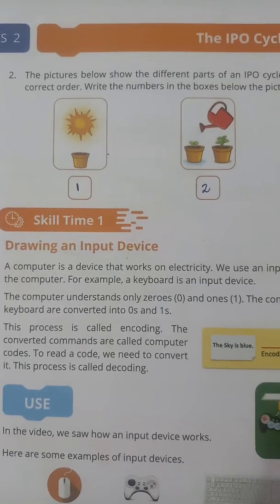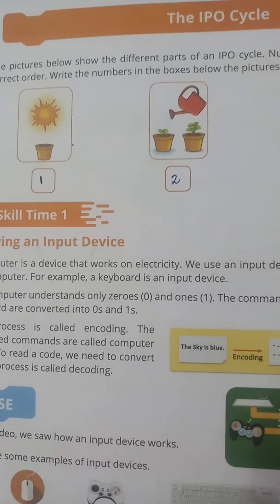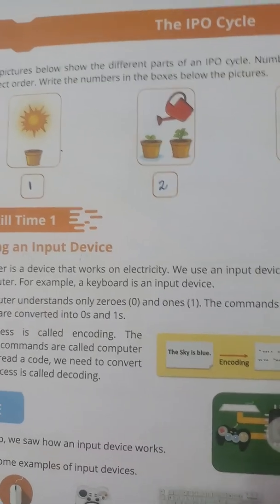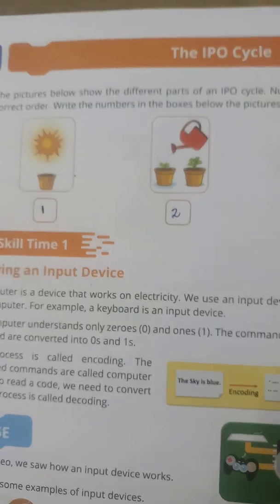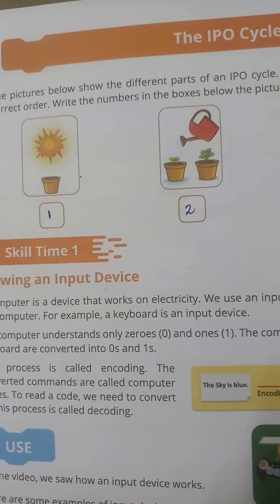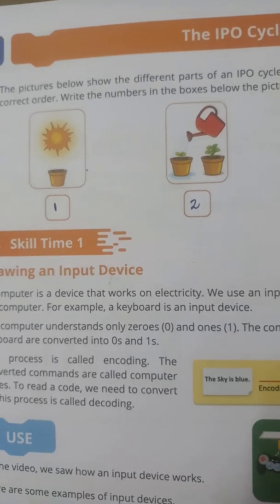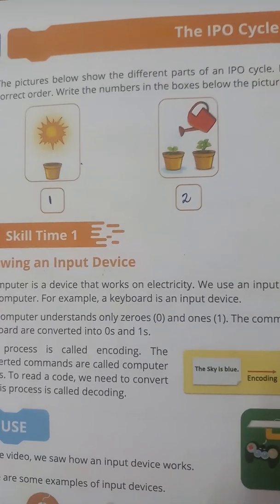The computer understands only zeros and ones. We are typing on the keyboard in English or in numerical format, 0 to 9, or we type A to Z like this. But the computer will understand only zeros and ones. It does not understand our language.